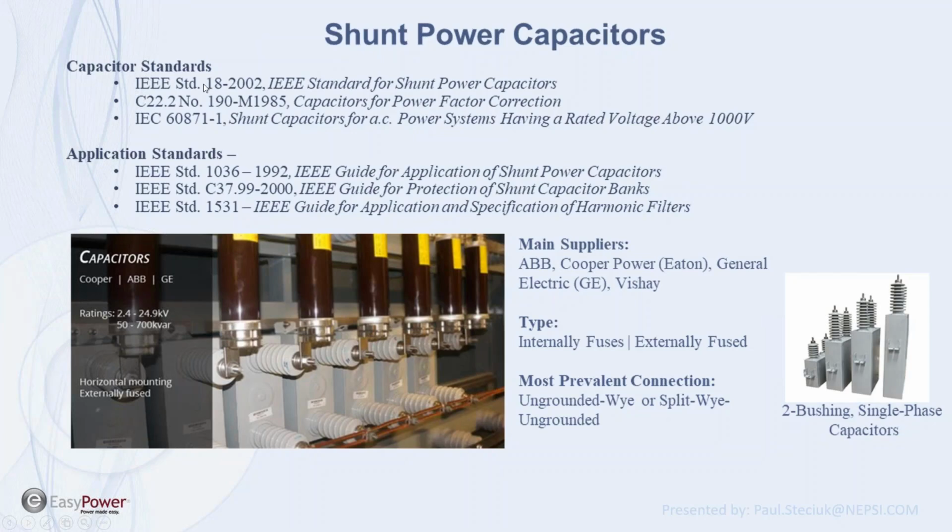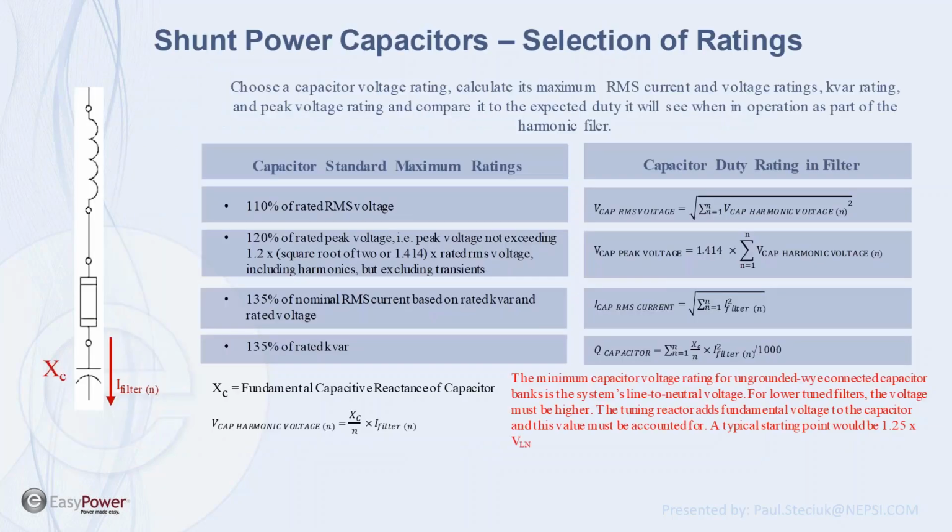There's a standard C22, but it basically mirrors standard 18. Those are the 2 standards you'd want to go to if you're developing a specification for North America. Then you have IEC 60871 for the IEC type applications. But again, the premise behind it and the values that you're checking against in your design are nearly the same.